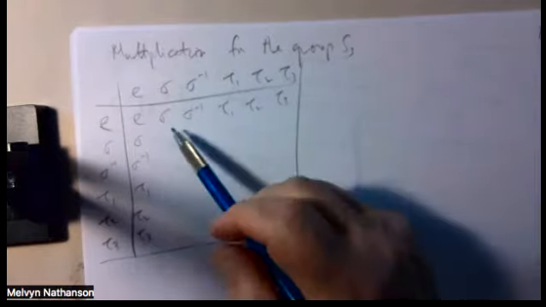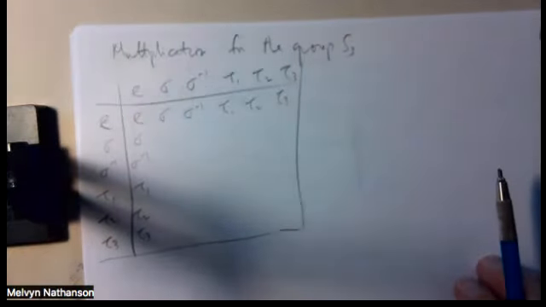Okay. So this is a 6 by 6 table, so there are 36 multiplications we have to work out. Let's try and do it. We have to do a lot of group theoretic calculations. What is sigma times sigma?